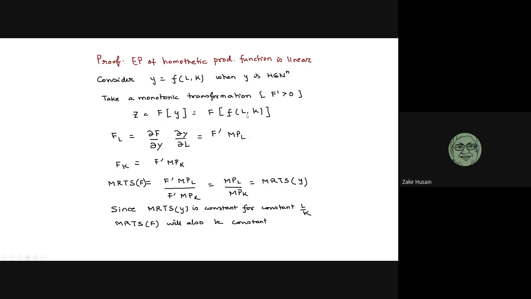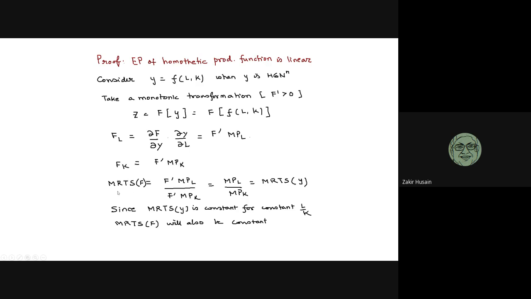But y is a function of L. L changes, this changes y. When y changes, F will change. Okay. Now we can write this as F prime, and this is simply marginal product of labor. Similarly, the marginal product of capital in case of the transform function is capital F prime into MPK.